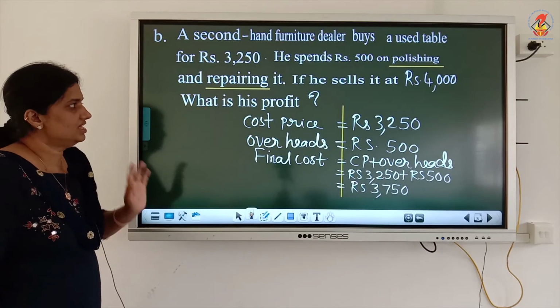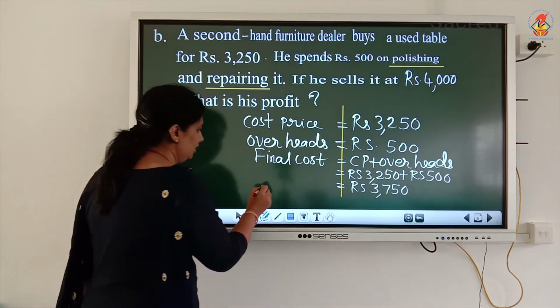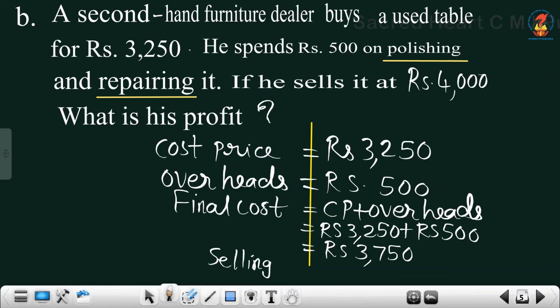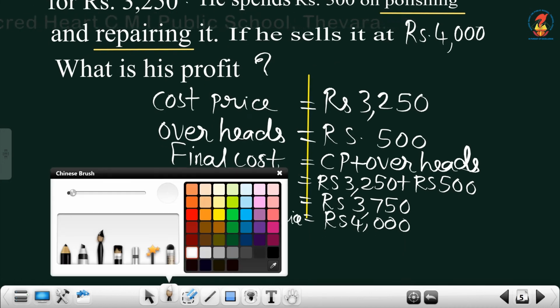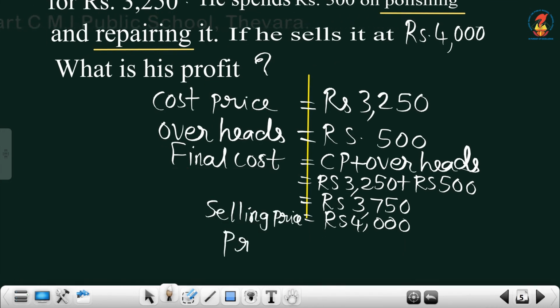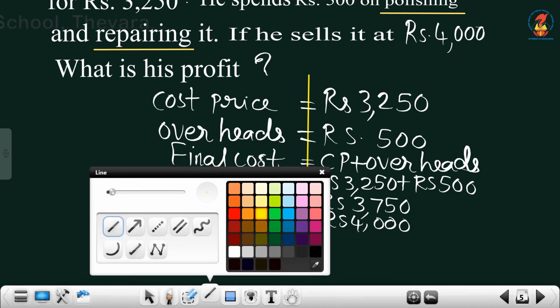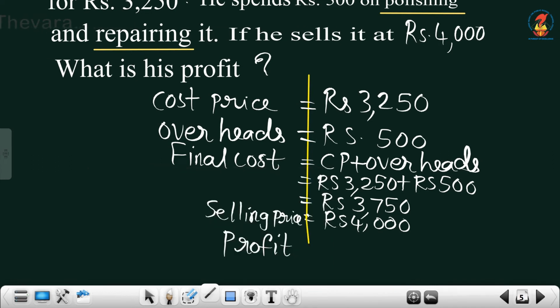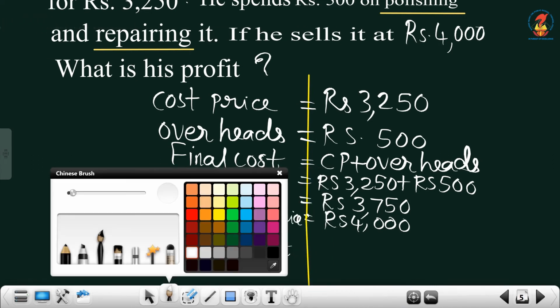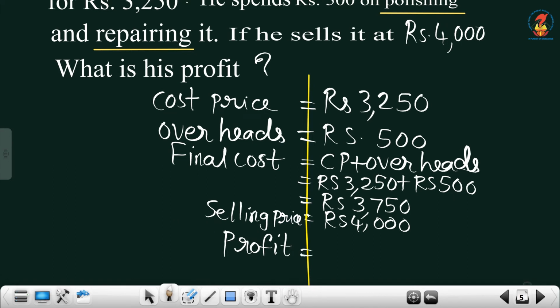And profit is how much? Selling price is what? Selling price is how much? Rupees 4,000. Okay. After that we need to find that is profit. Profit equals, which minus which will come?